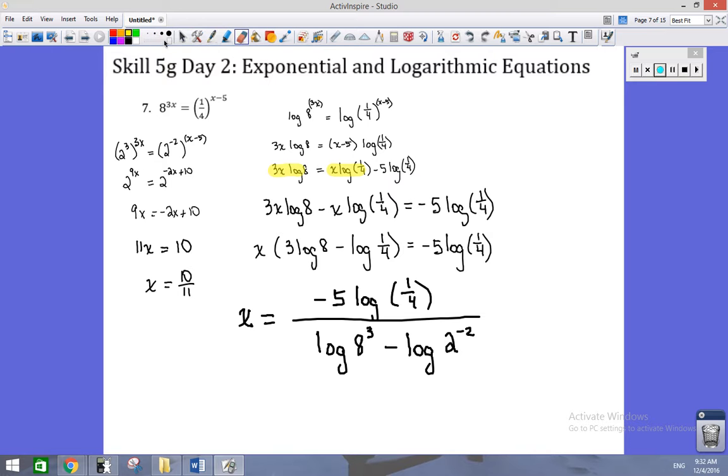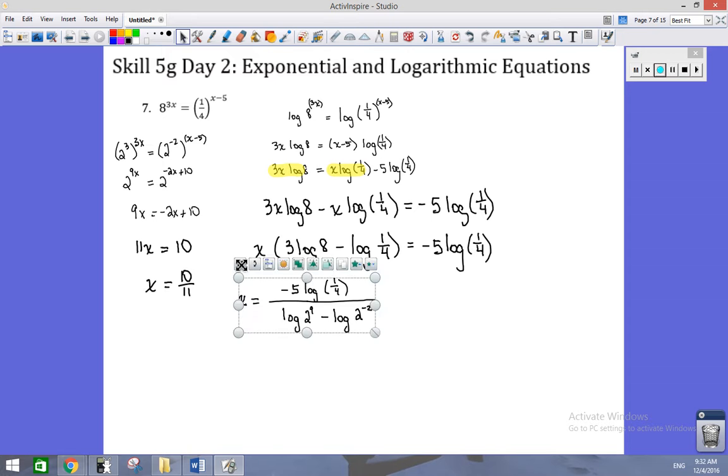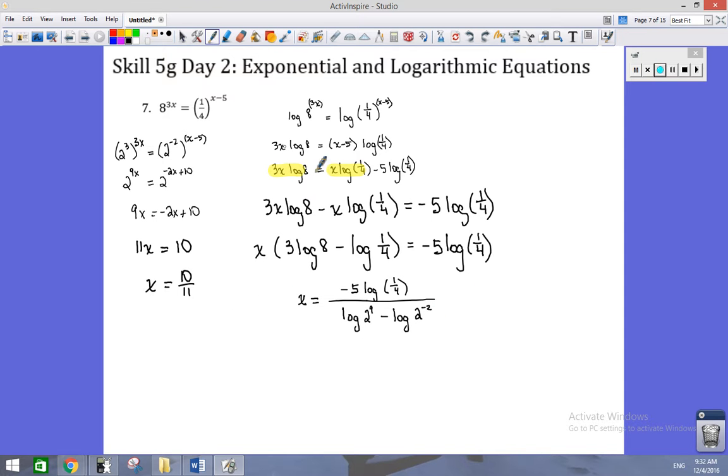I can rewrite 8 as 2 to the third power, and 8 to the third power is the same thing as 2 to the ninth power. As a single logarithm, my numerator is 2 to the 9th power. My denominator is 2 to the negative 2nd power.